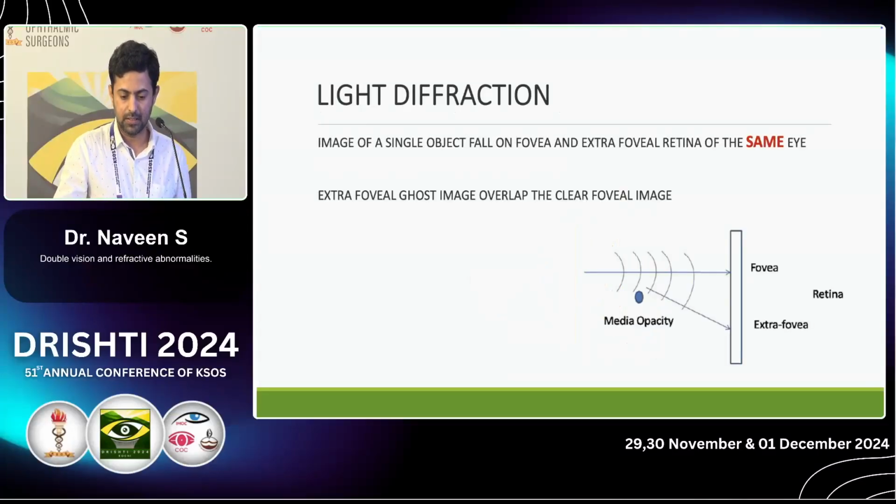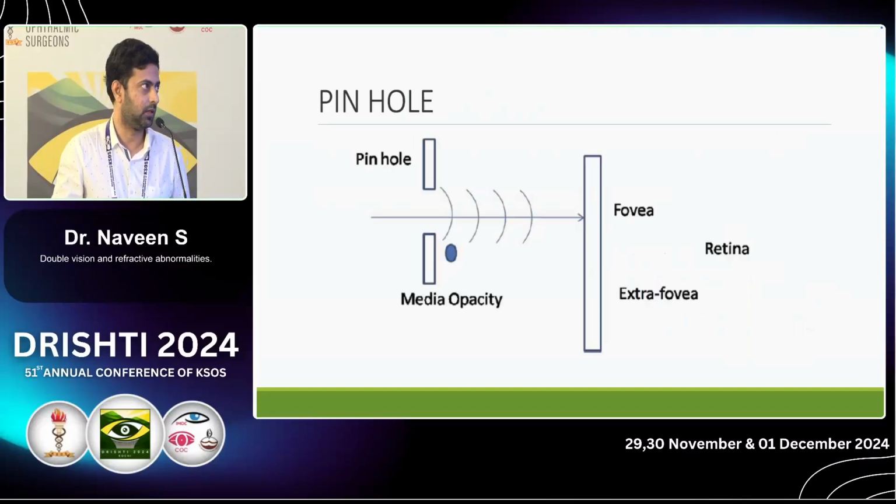What happens is that when there is an opacity or aberration in the optical system, the image of an object can fall on the fovea and the extrafoveal retina of the same eye, and this can lead to diplopia. So, what does a pinhole do?